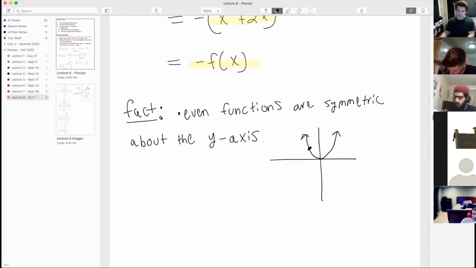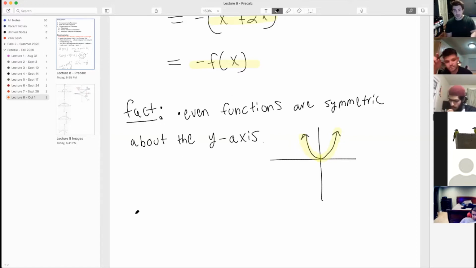You can see that there's a nice symmetry going on. If I were to fold over this left side of the parabola over the y-axis, it will land perfectly on the right side. That's intuitively what we mean by it's symmetric about the y-axis. You can fold it on one side and it will land on itself.